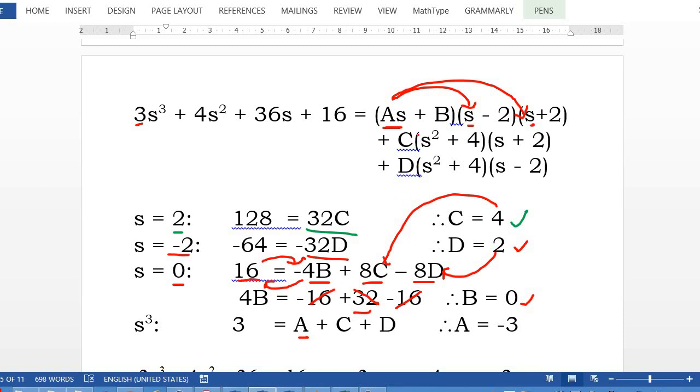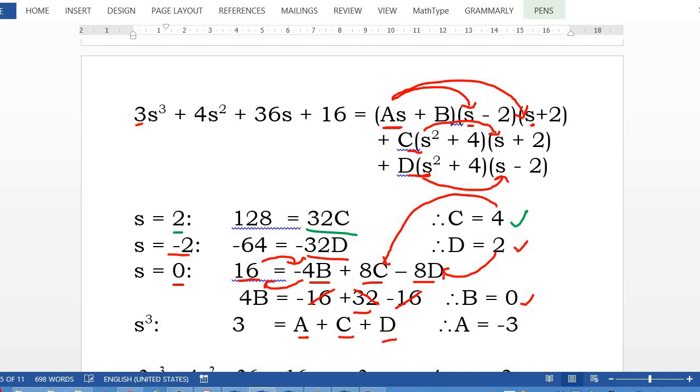Okay, and then for the c term, notice c times s squared. We expand the first term only. c s squared times s is c s cubed, so it's c. And then the last term, d s squared multiplied with s, so it's d s cubed.